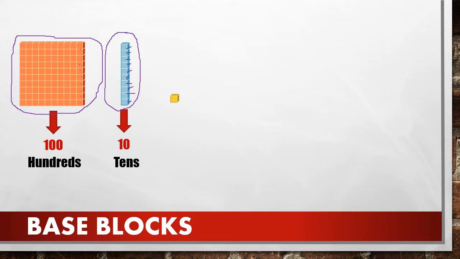So this blue block represents tens. The yellow block represents 1 because it only has 1 cube.